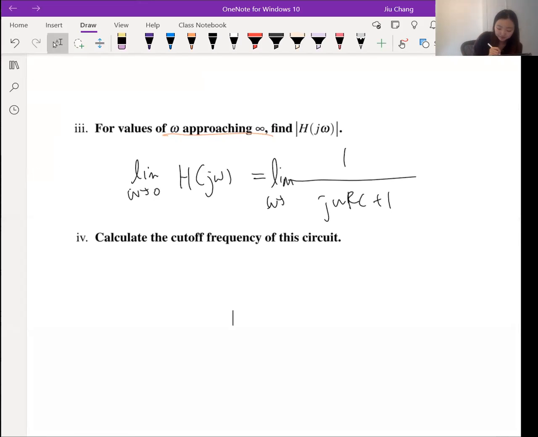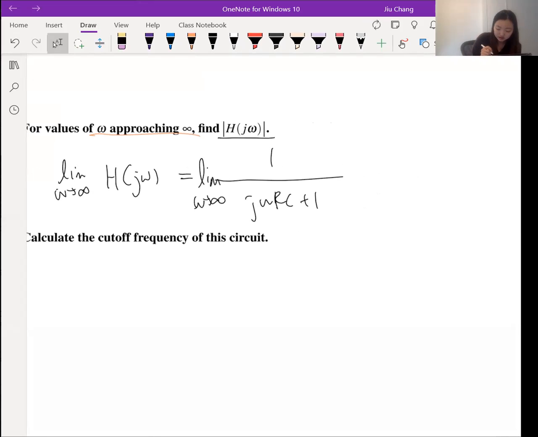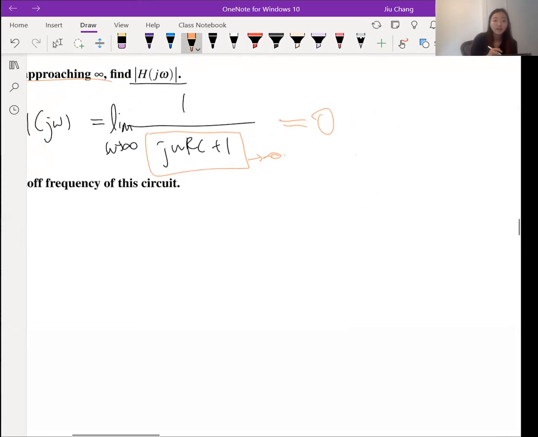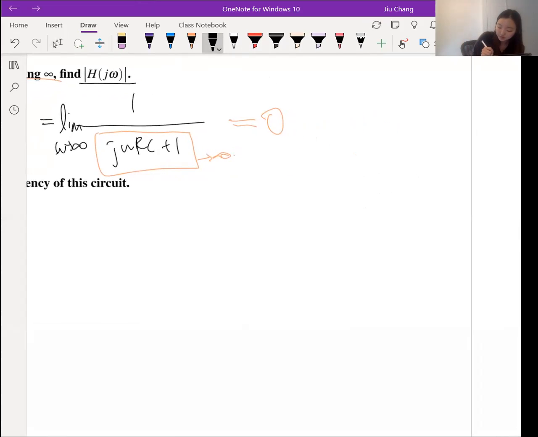So we were solving for the magnitude of our transfer function as omega approaches infinity. And in this case, I'm going to use this. The denominator goes to infinity, meaning the whole thing goes to 0. So the magnitude of 0 is just 0.